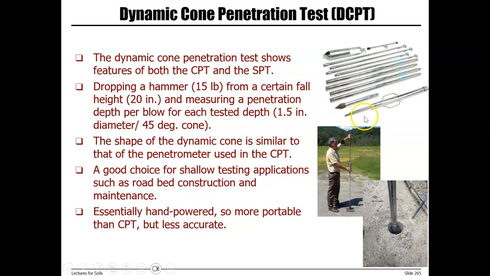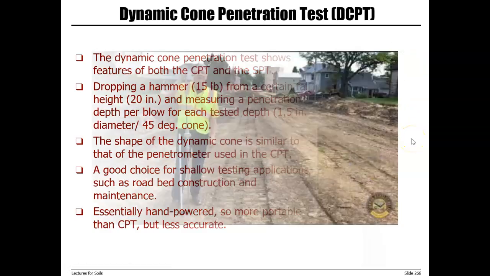But it has the shape of CPT, so it's a rod that has a cone at the tip. It's a good choice for shallow testing applications such as roadbed construction and maintenance. It's hand powered, so it's portable, it's easy to move, but it doesn't provide the same accuracy as SPT or CPT.